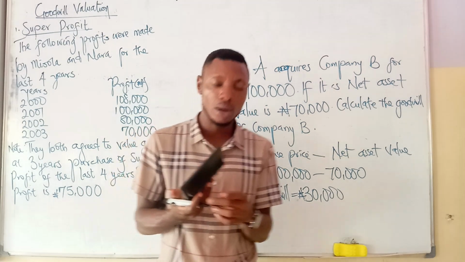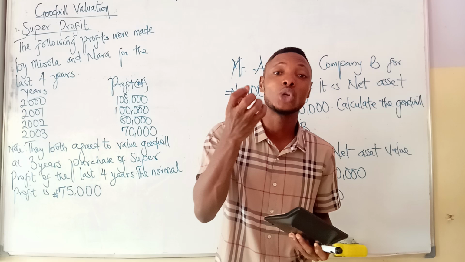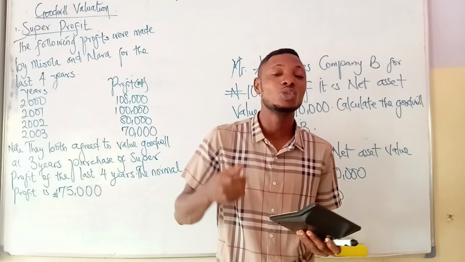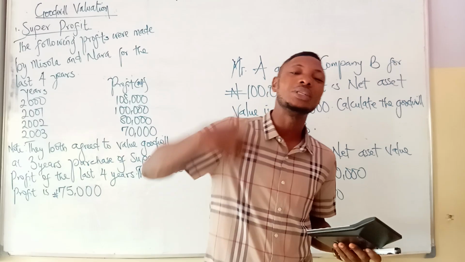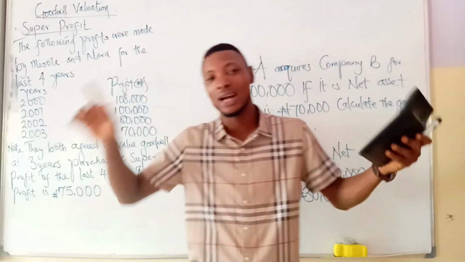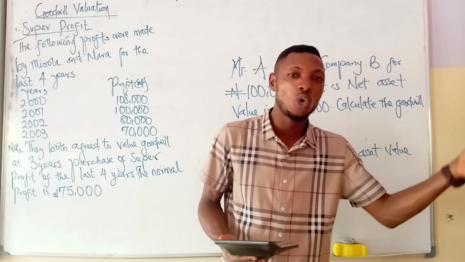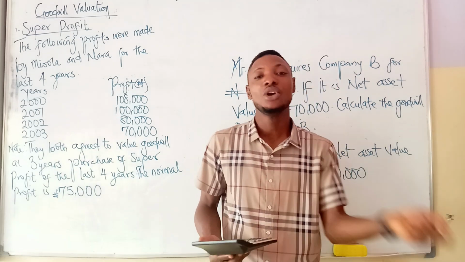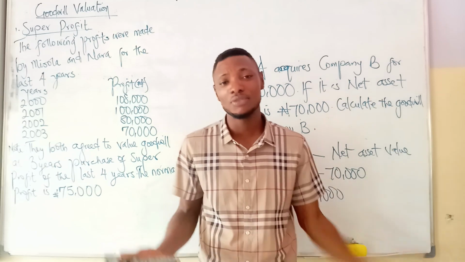Remember that goodwill is not a tangible asset. It is not an asset that you can touch. It is an asset that you cannot touch, but you just feel. So you cannot easily quantify it in terms of general assets. You can quantify it based on the value of that organization, because it's not a fixed asset.